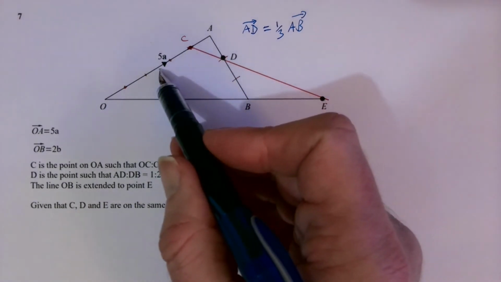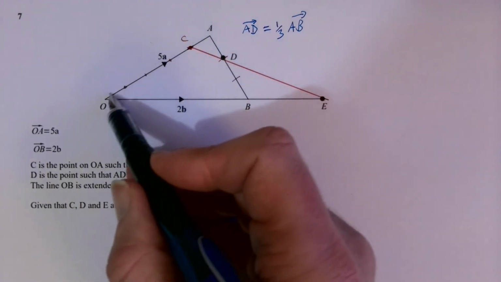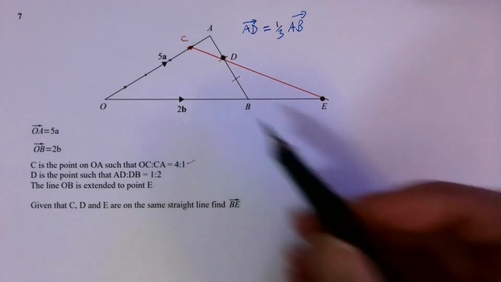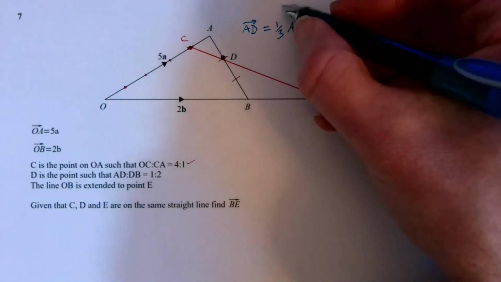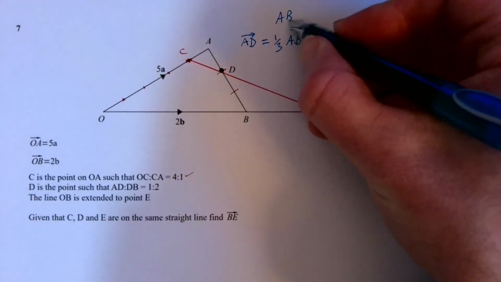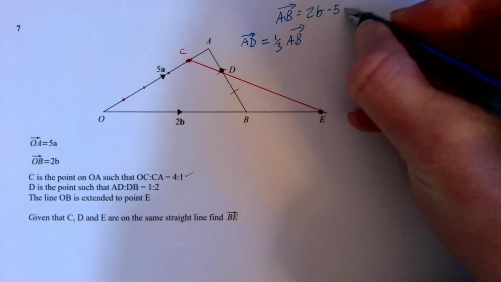Well, it's going the other way of the 5A. So I'm going down here and then plus the 2B. So AB is going to be 2B take 5A.